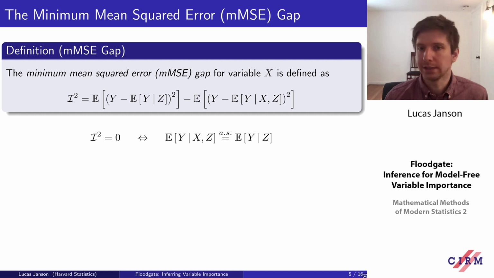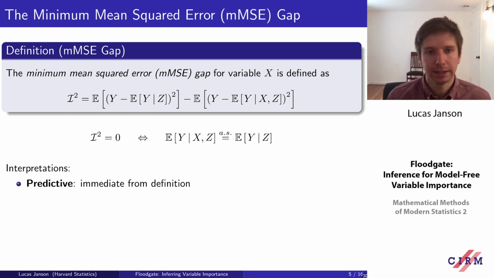And so it's very sensitive to any kinds of nonlinearities, interactions, anything that impacts the conditional mean of y is going to be picked up by this if x has an influence on it. On the other side, if x is a null variable, so if x is conditionally independent of y, then we're going to get a 0 value for the minimum mean squared error gap. So I think that's good. Let's talk more about its interpretability, though.